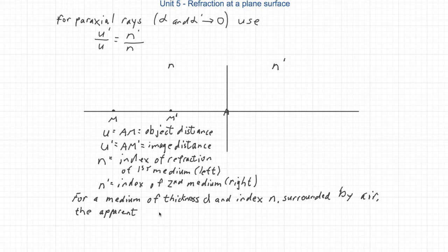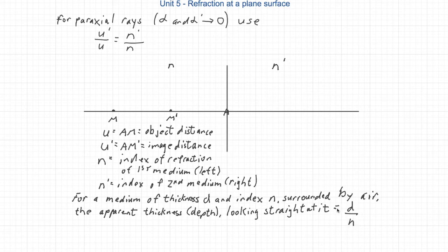And we're going to be looking at it along the optical axis. So its apparent thickness is equal to d divided by n.